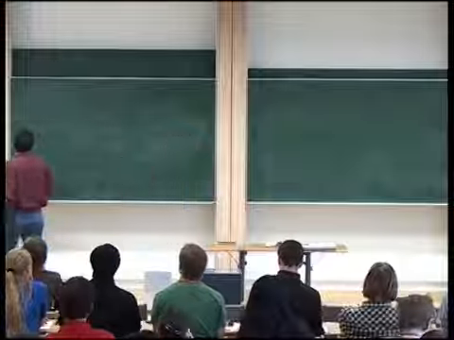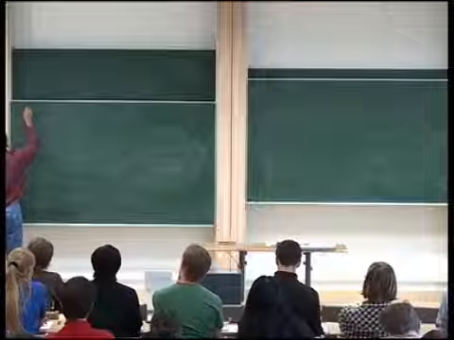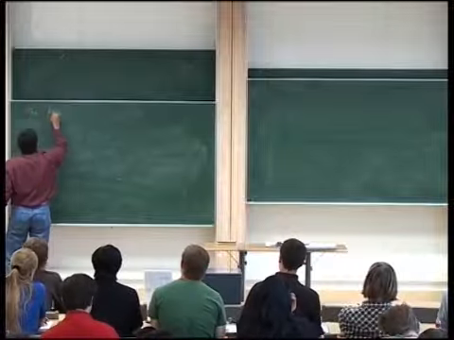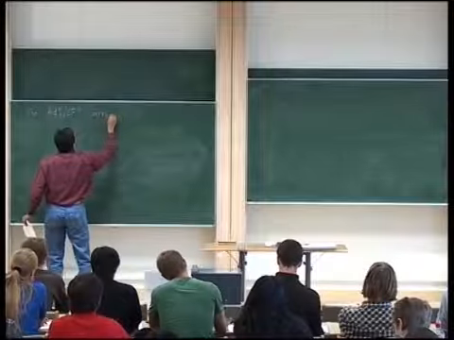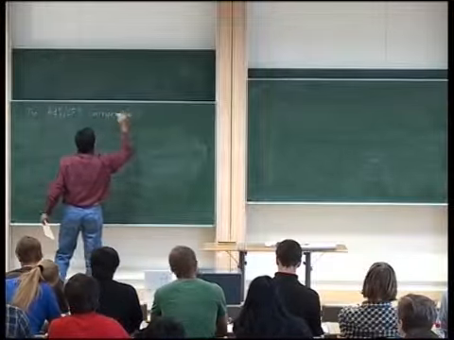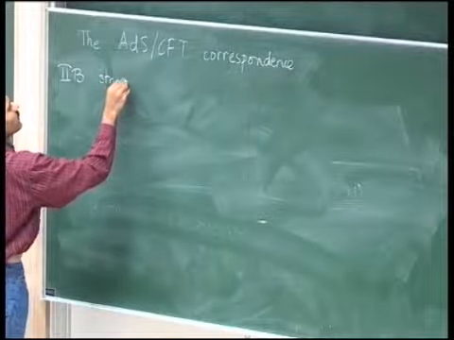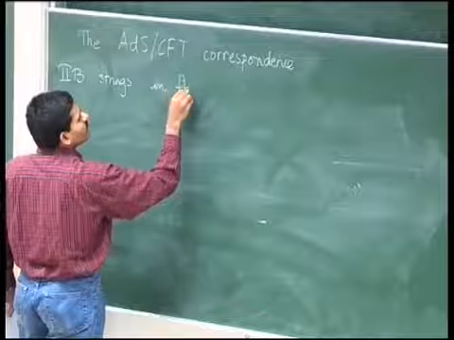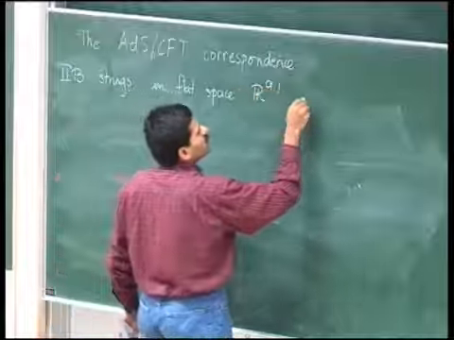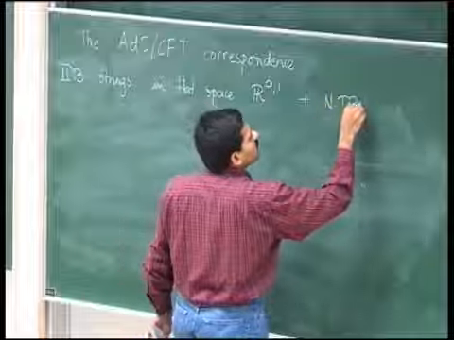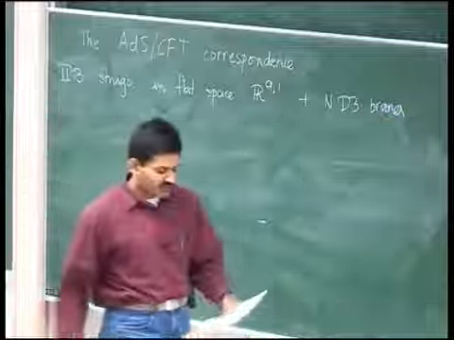Okay, so let's go back to our picture from yesterday of type IIB string theory in flat space in the background of some number, I'll call it N for obvious reasons, of D3 branes.